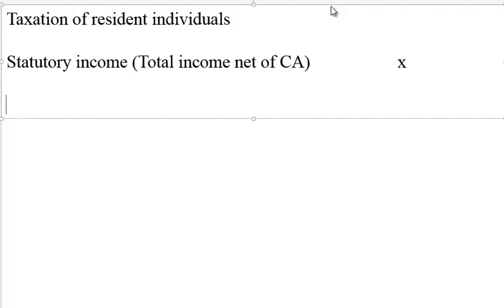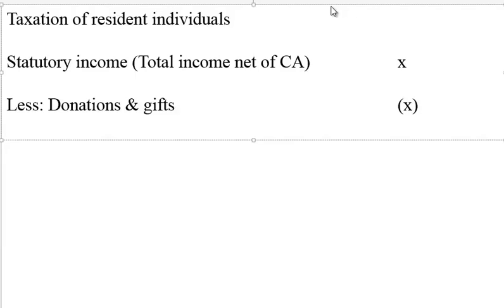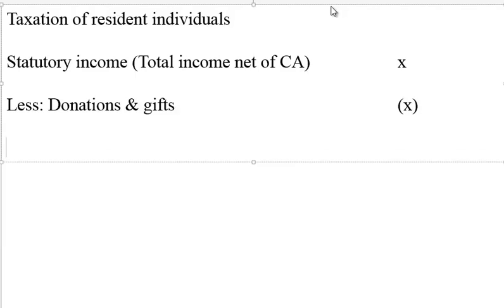From here, you have to deduct your donations and gifts, and you get your assessable income.